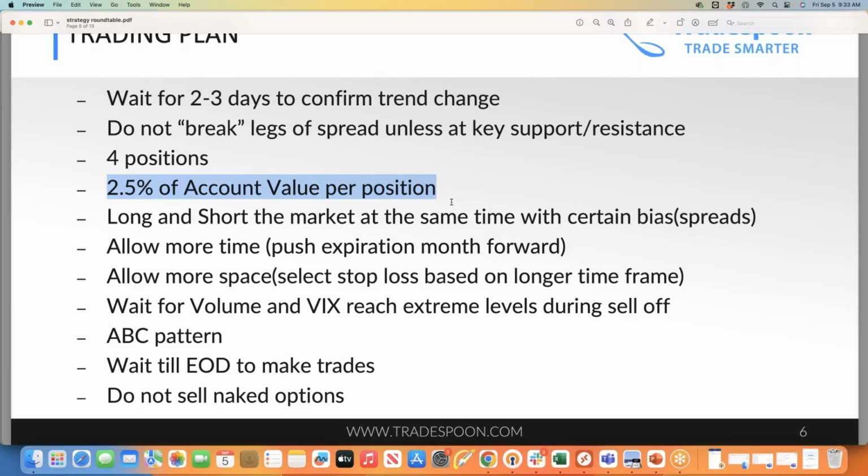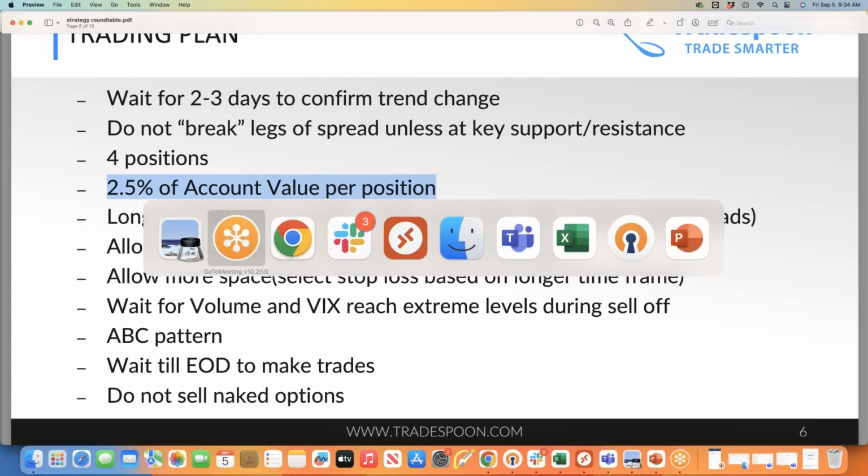If you're managing other people's money and you've been a broker for 20 years, then that's probably not applicable to you. But if you're just starting out, you don't have a trading plan, you don't know how to build one, or you haven't followed your trading plan for a long time, then this applies to you. 4 positions, 2.5%. How do you determine that?